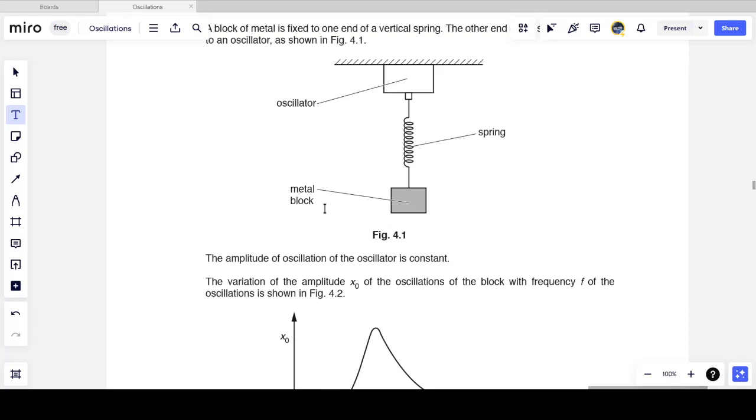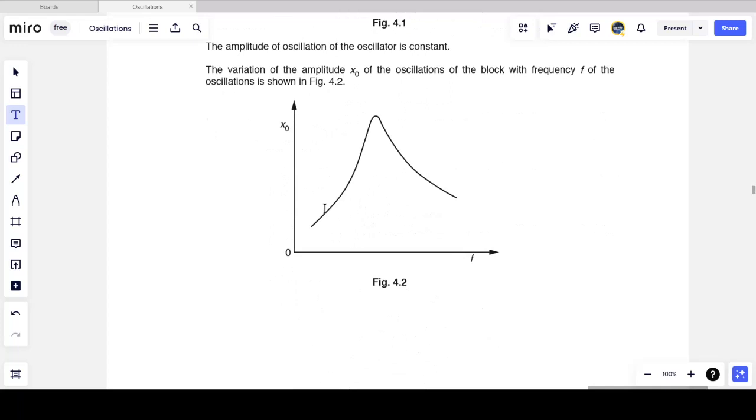But there will be some damping from internal components of the spring, from friction, from air resistance, whatever they may be, there will be some damping.